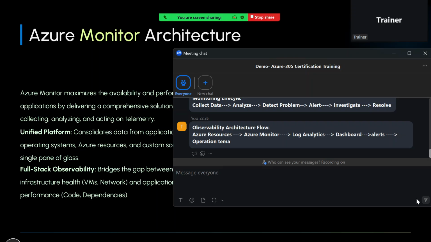Basically, monitoring is the nervous system of a cloud platform. Without it, organizations operate blindly, often discovering the problem only after customers are affected. But modern Azure environments require more than basic monitoring. They require observability. By combining metrics, logs, and traces, architects can detect issues quickly, identify the root cause, and reduce recovery time.